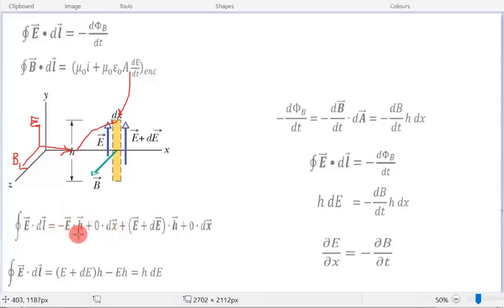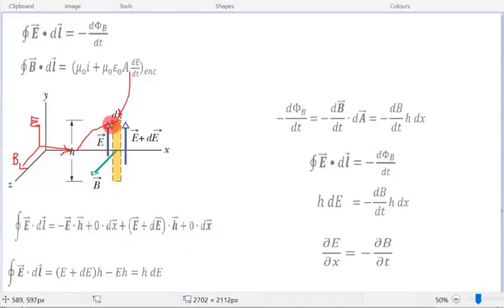So I've explained how we got each term in this long expression. This side is E plus dE multiplied by the length, which is h. Then this side is dx multiplied by the horizontal component of the electric field. There is no electric field along the x-axis, so it is 0 dot dx. Then we come to this side.